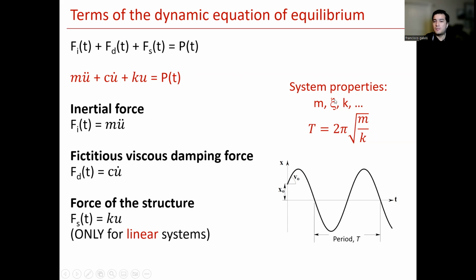The damping coefficient is this symbol here, and the structural period relates the mass and the stiffness. If you take this equation, divide everything by the mass, and work out the terms a little bit, you can get to this equation of period that has physical meaning.